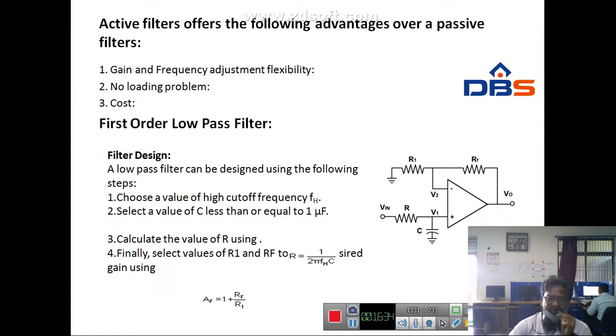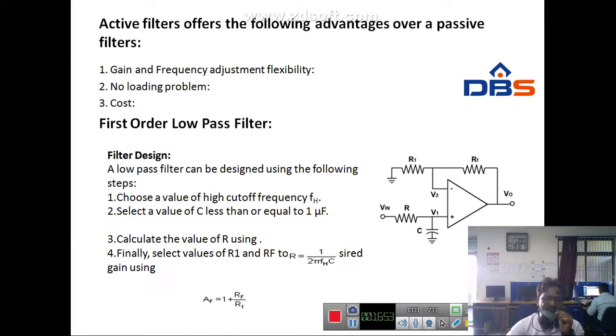Now we have to design this low pass filter, using the following steps. First, choose a value of the high cutoff frequency FH, and select a value of C less than or equal to 1 microfarad.